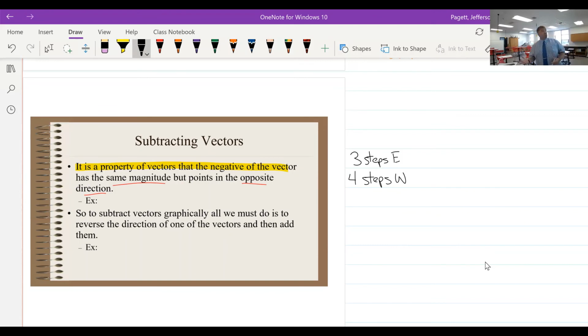Okay, but if I want to subtract these, here's what I'm going to do. My first one, here's my 3 steps east. Call that vector A. We'll do 4 steps west. That's vector B.